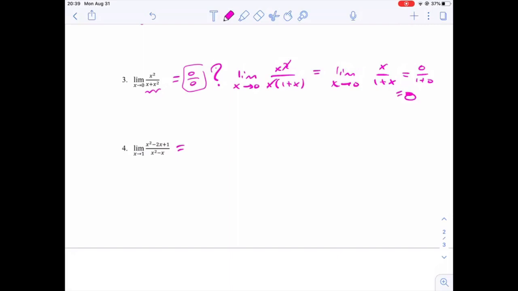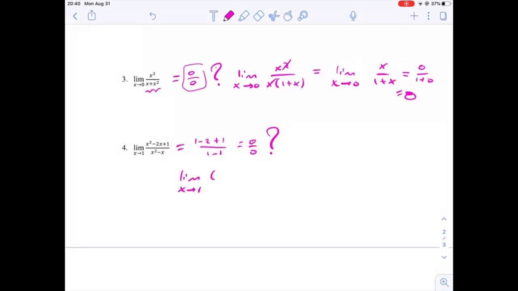Now let's do problem 4. Let's plug in 1. We get 1 minus 2 plus 1 over 1 minus 1, which is 0 over 0. So that's not a final answer. We need to simplify. Let's simplify the numerator by factoring the numerator. We have x minus 1 times x minus 1. That's how we factor the numerator. What about the denominator?